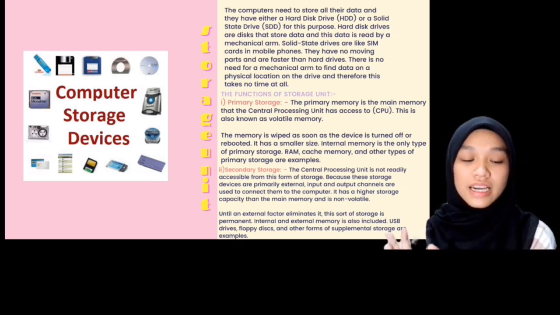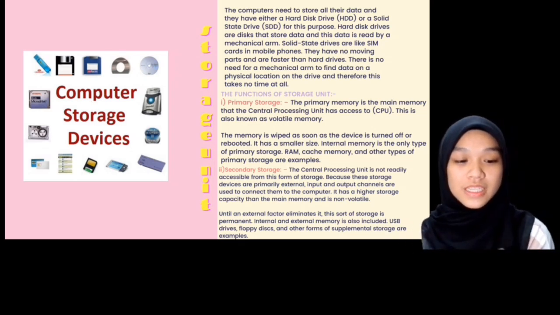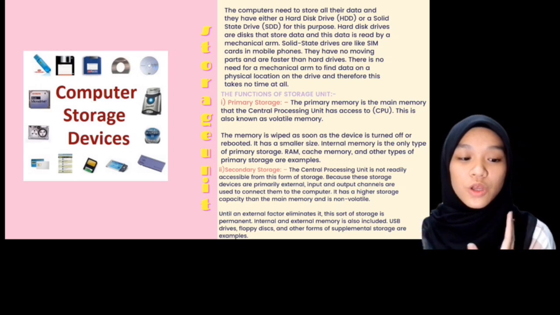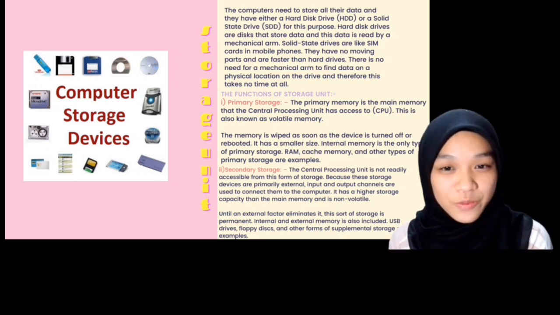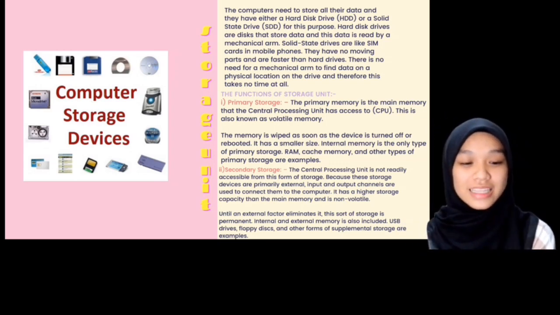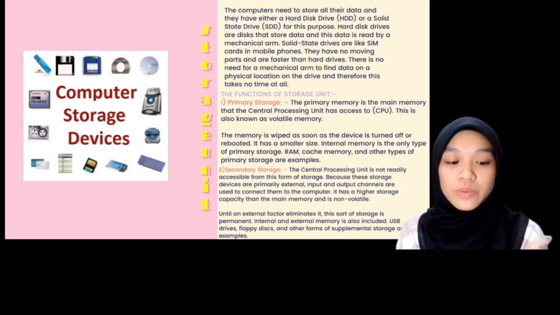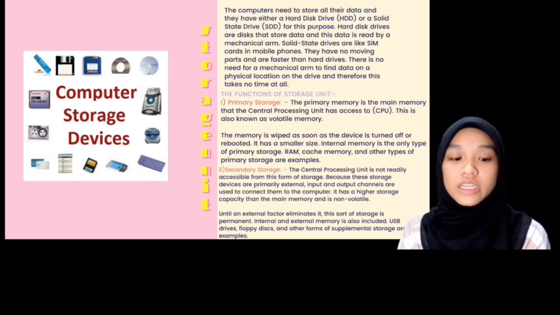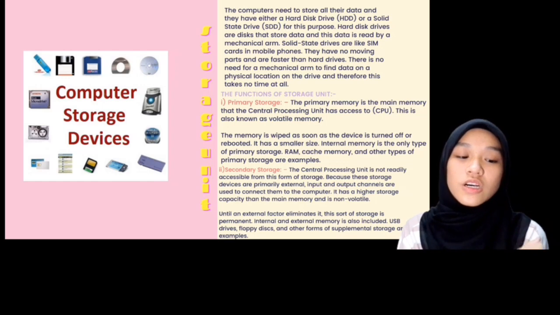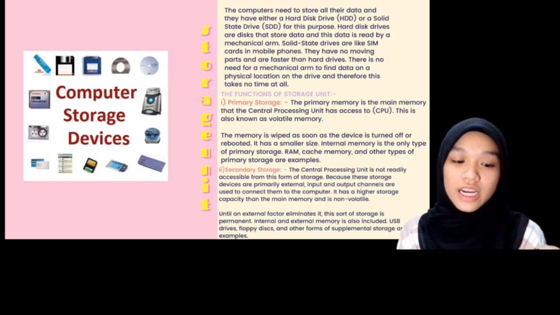It has a higher storage capacity than the main memory and is non-volatile until an external factor eliminates it. This sort of storage is permanent. Internal and external memory, USB drives, floppy disks, and other forms of supplemental storage are examples.